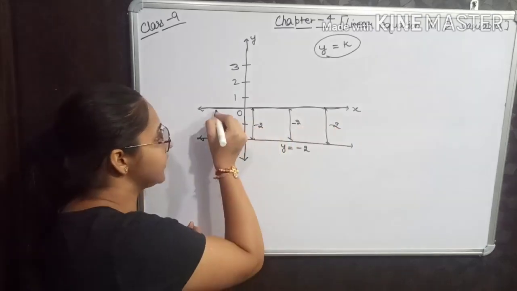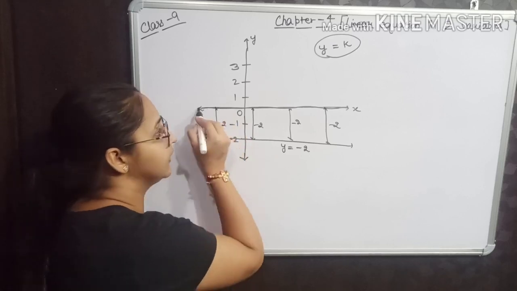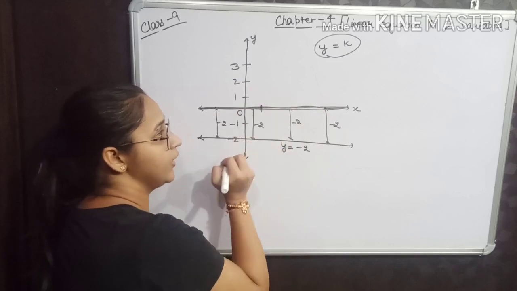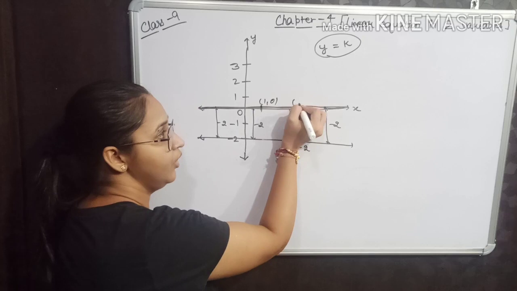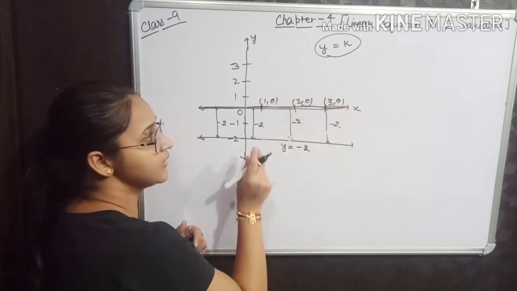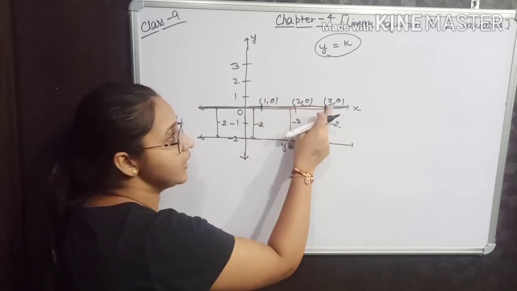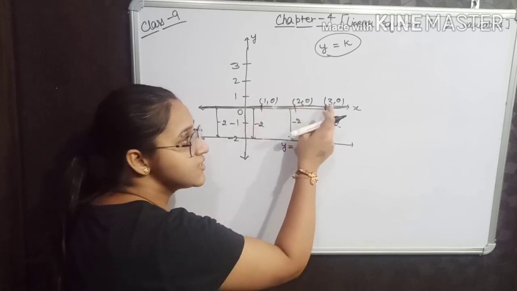But if I have to find the equation of the x-axis, look at the points here: (1, 0), (2, 0), (3, 0). The x coordinate is varying, but the y coordinate is always 0 here.